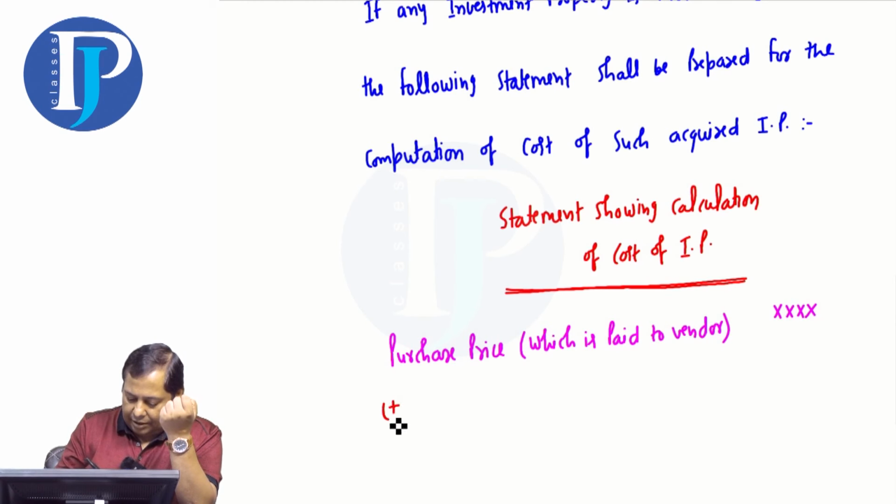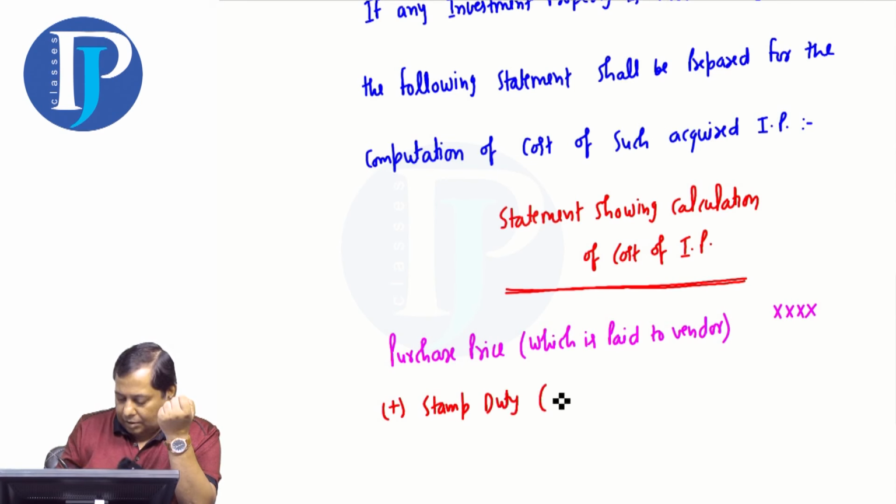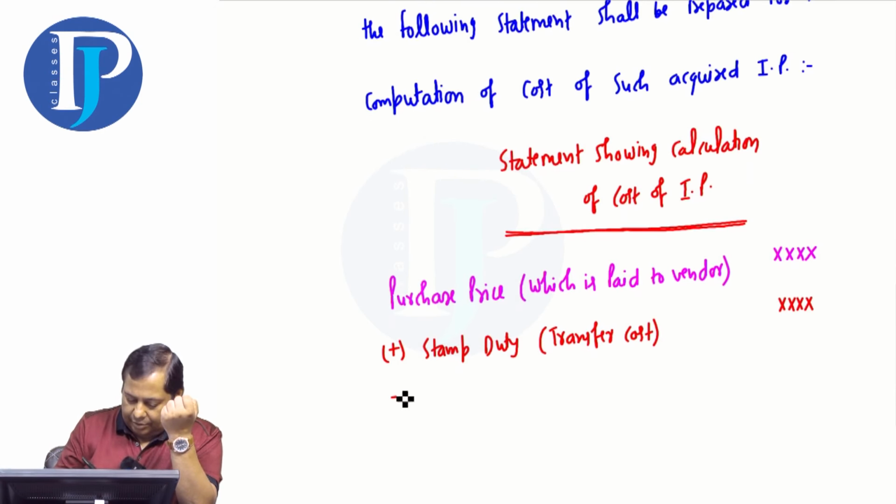Then we will add stamp duty. What do we call stamp duty? Transfer cost. Then we will add brokerage or commission to it.